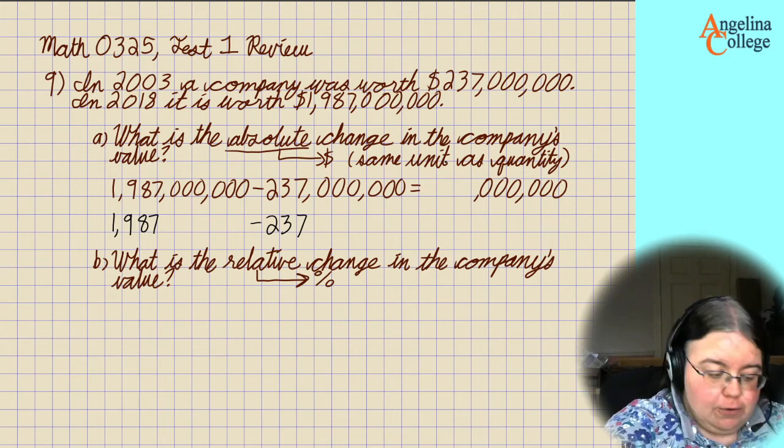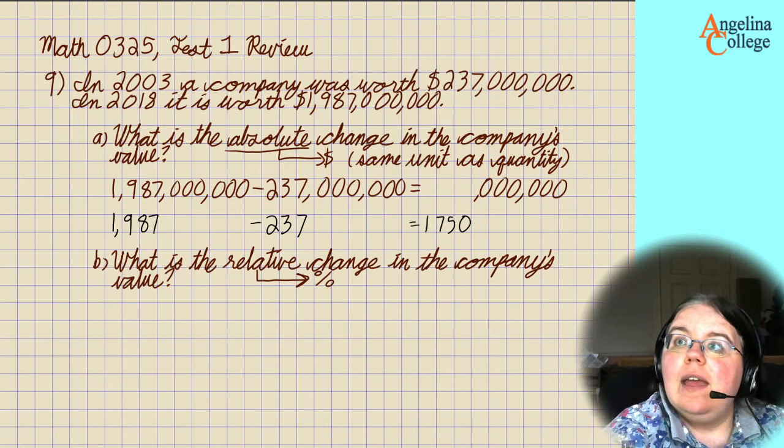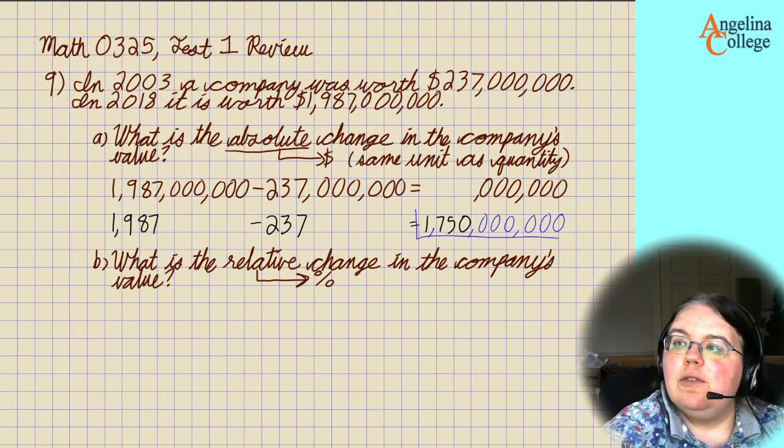So if I punch in 1987 minus 237, I get back 1750, and then I would just need to add back on the zeros for my answer.